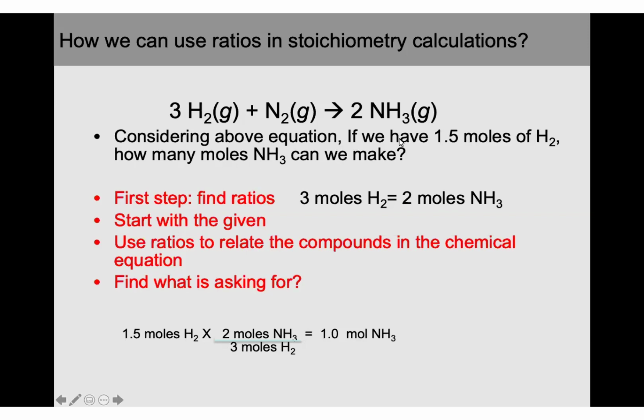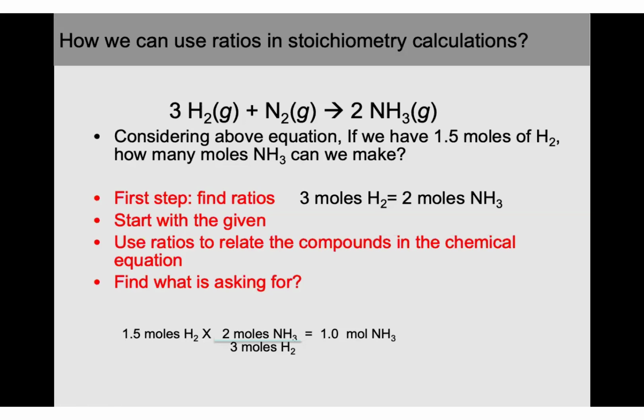We start the same as always in the unit conversion method. We always start with what? We start with the given number. Then we use the coefficient relationship that we got. So I put 2 mole NH3 over 3 mole H2. Why should I do this in this way?